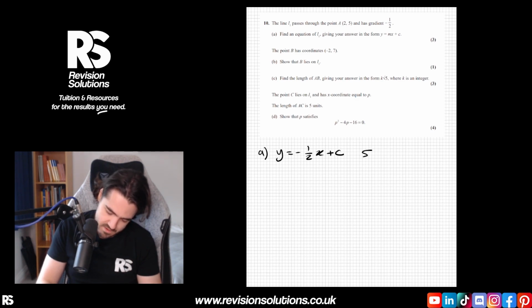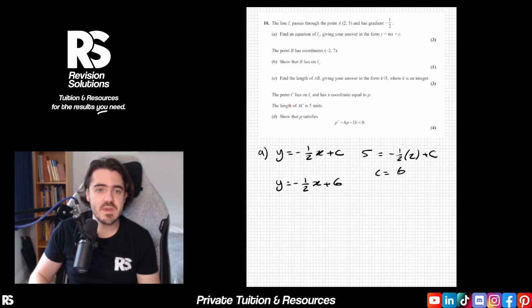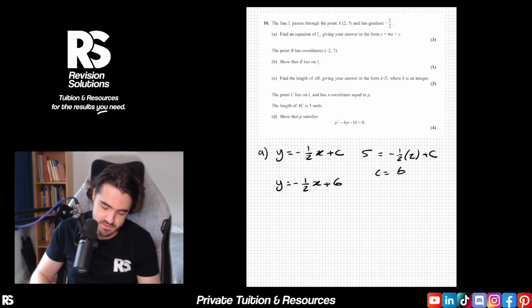So that would give us 5 equals -1/2 times 2 plus c, which is going to, c is just going to be 5 plus 1, which is 6. So we have y equals -1/2x plus 6.